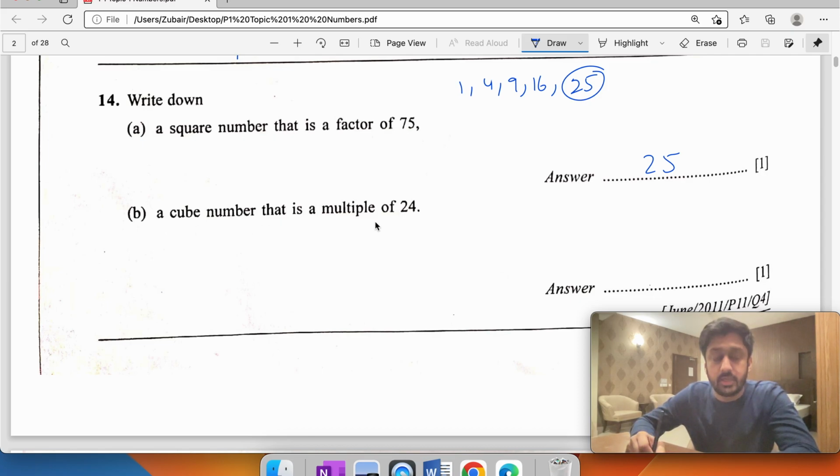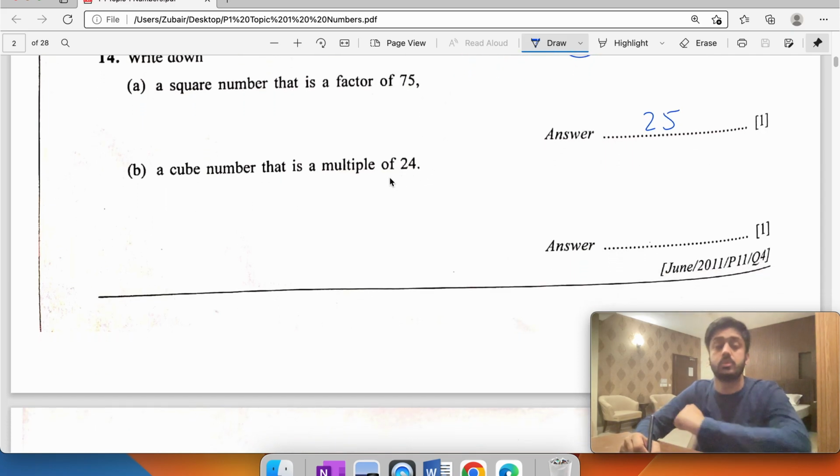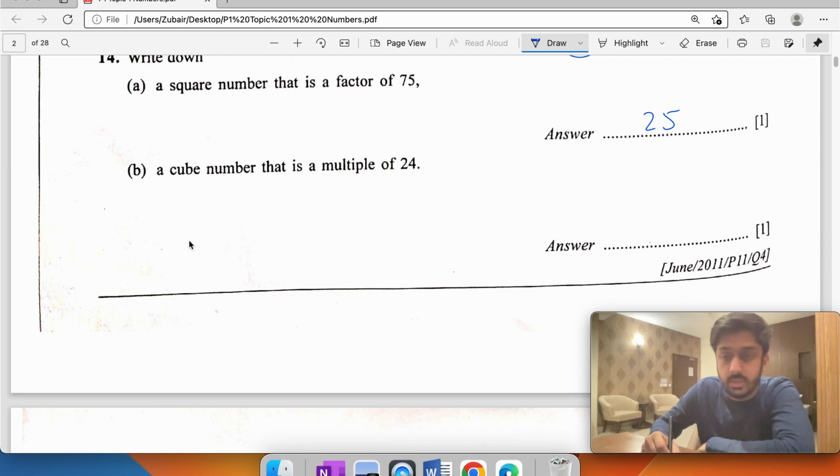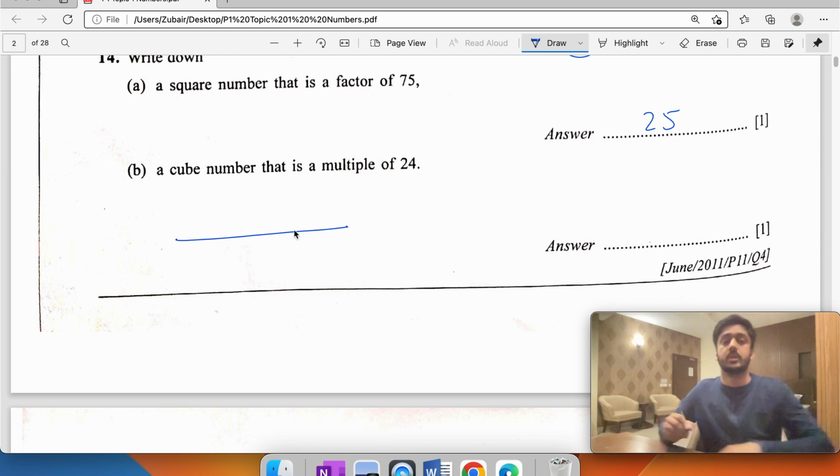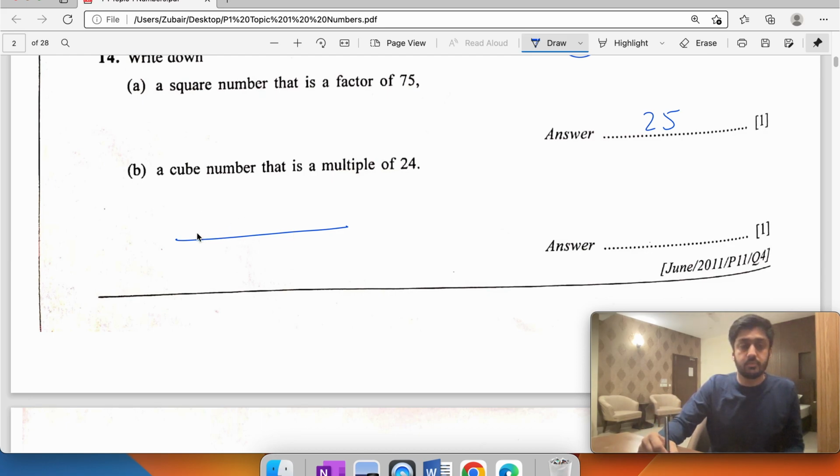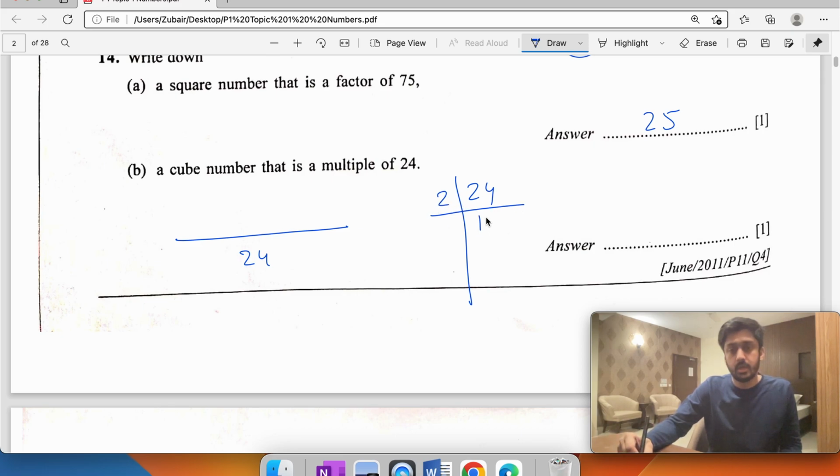A cube number that is a multiple of 24. Now you have to be a little bit careful with this. It has to be a cube number which is also a multiple of 24. So that means if we place a cube number here, we'll be able to divide it with 24. So I'm just going to check what actually 24 could be split into. So 2 12 times, 2 6 times, 2 3 times, 3 1 times.